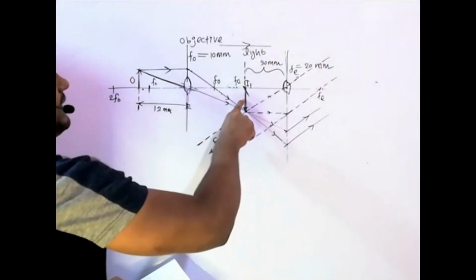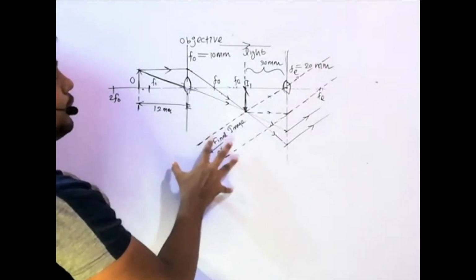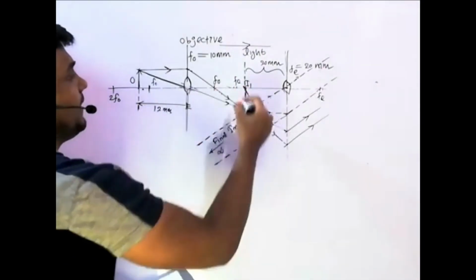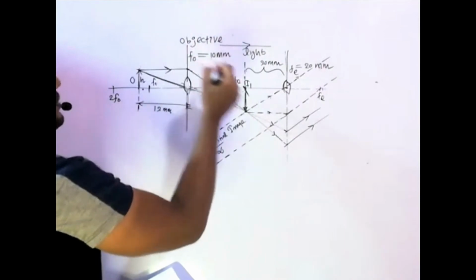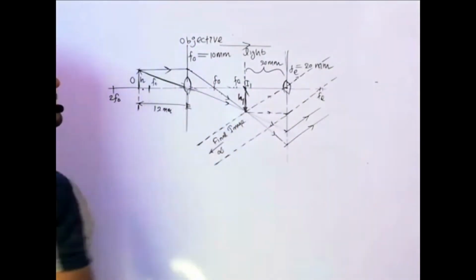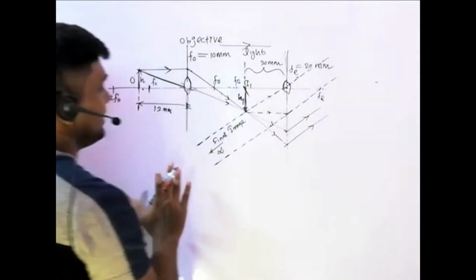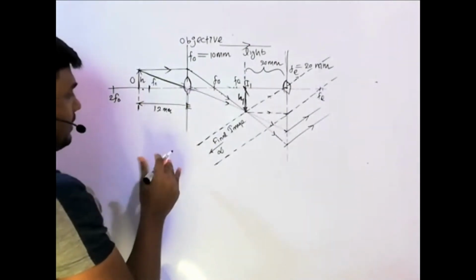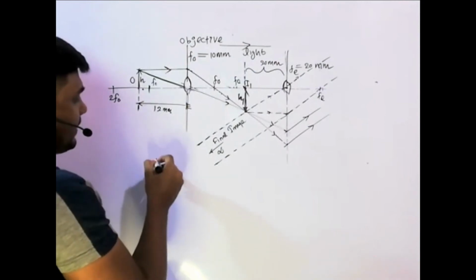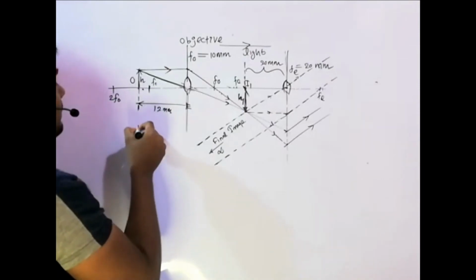This is my first image. My second image is at infinity, so I don't know the parameters and characteristics of that image. If I consider the object height as h and this image height as h1, angular magnification, which is notated by capital M, is nothing but alpha dash over alpha.